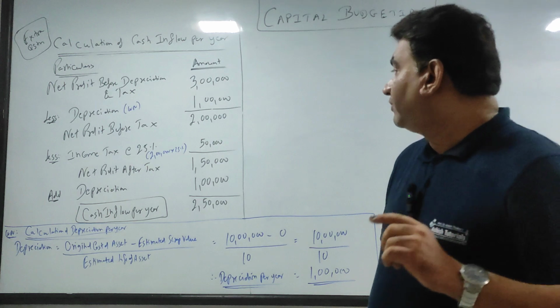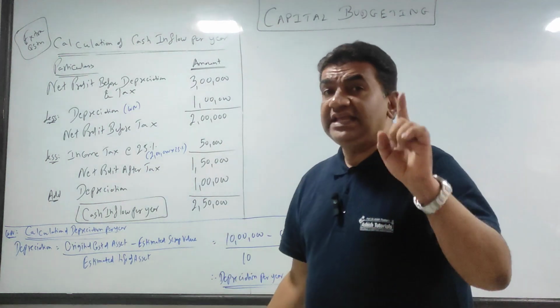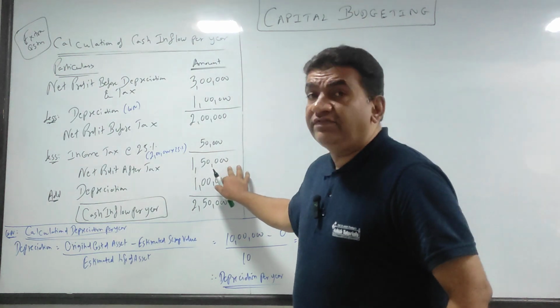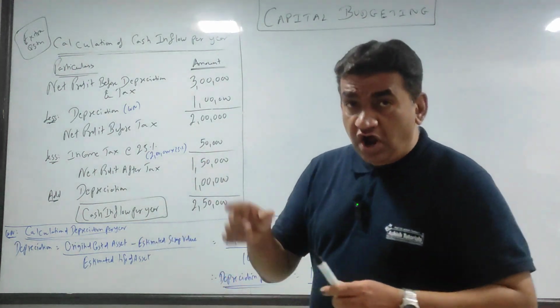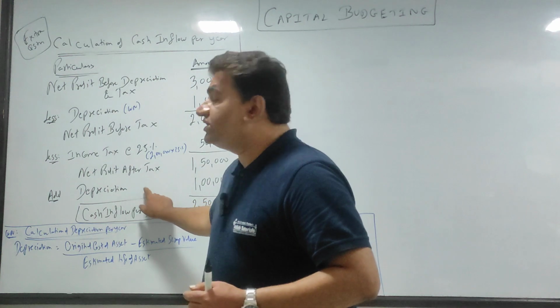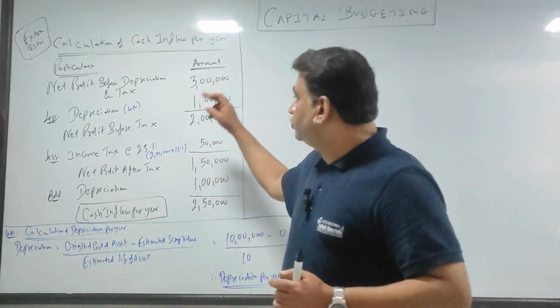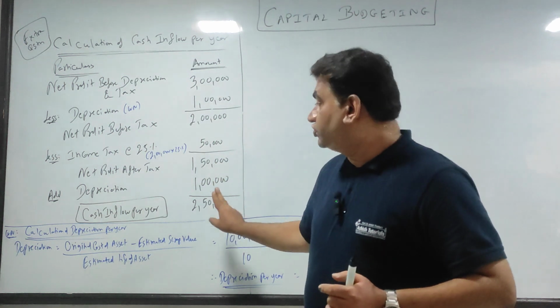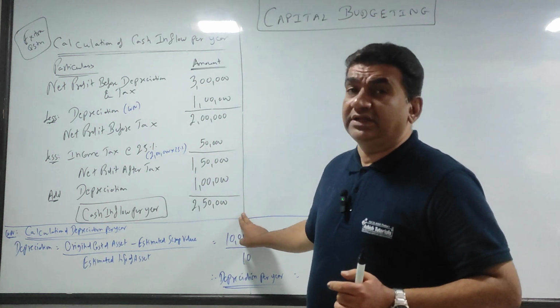Actual final net profit is 1,50,000, but ये 1,50,000 cash profit नहीं है. So to this I will adjust non-cash expense which is my depreciation. जो मैंने ऊपर deduct किया वही वापस I'll add back. So that gives me cash inflow per year.